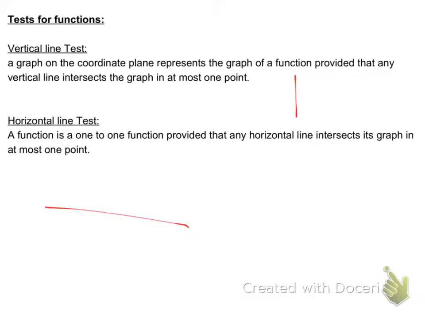Horizontal is not like that. A horizontal line is straight across. And if it only touches the graph once, then it's also a one-to-one function. Exactly one input to exactly one output. Okay? So, we're going to see a couple different examples of all of that next.